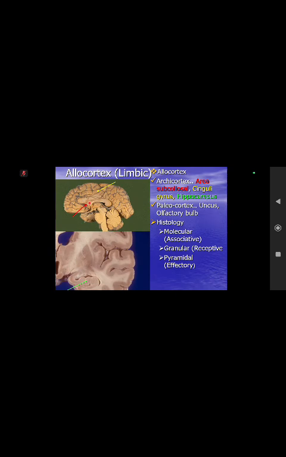In the case of the dentate gyrus, instead of pyramidal cells, we have a granular layer. And then after that layer, molecular layer, pyramidal layer, then we have a sort of mixed area of neurons. This is our hippocampal formation. This is the hippocampal gyrus here. And this part here is our dentate gyrus.